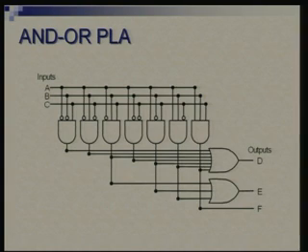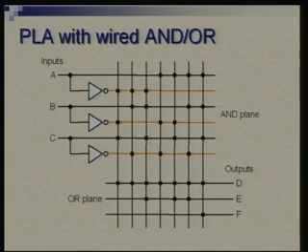Now in actual practice, the gates don't look like this. These gates are actually what is called wired AND gates or wired OR gates, and in real practice they may not be actually AND gates or OR gates. You would either have NAND organization or NOR organization, but conceptually let us continue to think in terms of AND and OR, and the structure may look more like this. Okay.